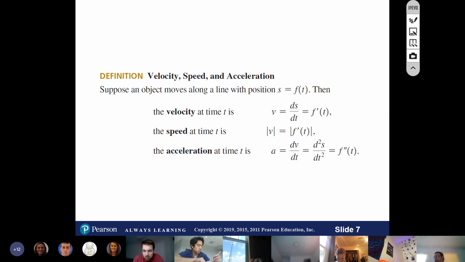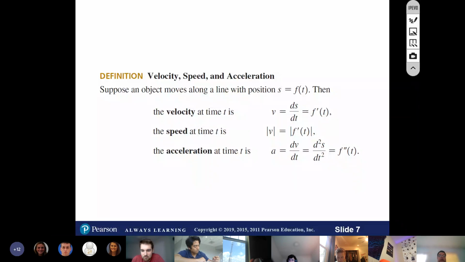Now, you also need to remember, if you ever walk into a physics class and you say that velocity and speed are the same thing, what will the physics teacher do? Have a connection. Why? Well, the speed and the velocity are not the same thing. Now, I'm not a physics teacher, but I've taken three physics, and I know they're different.